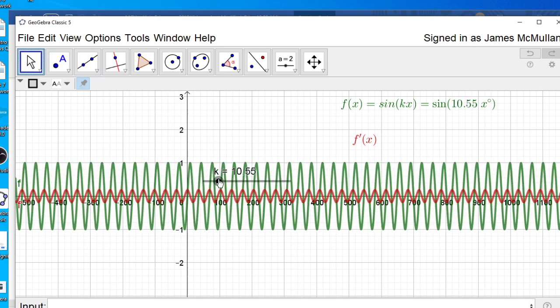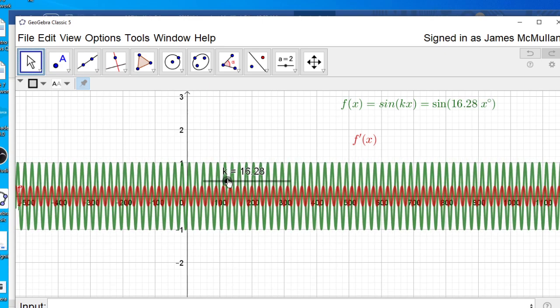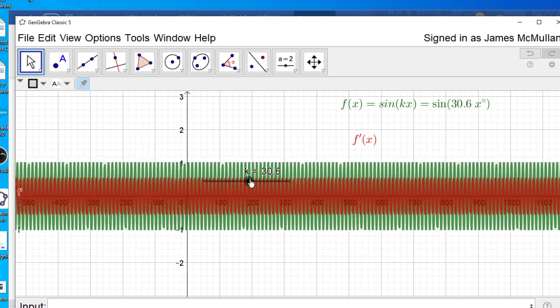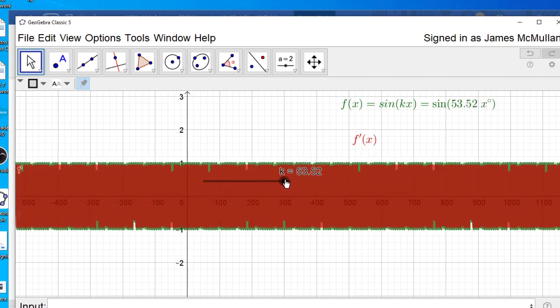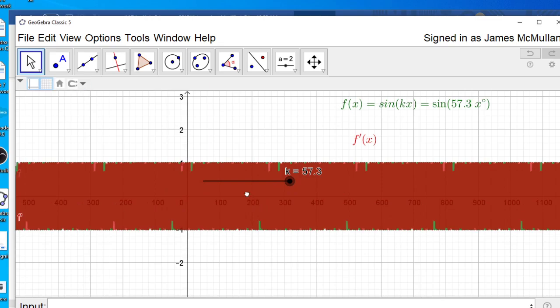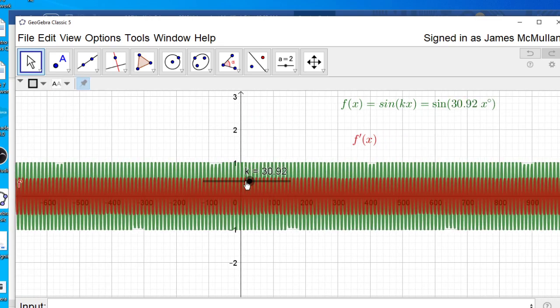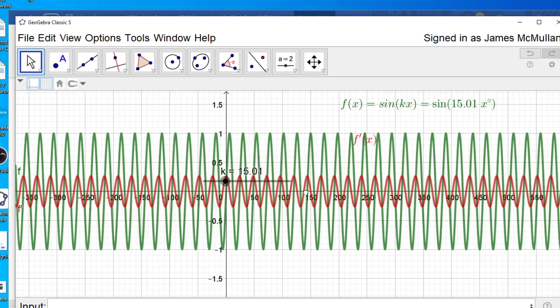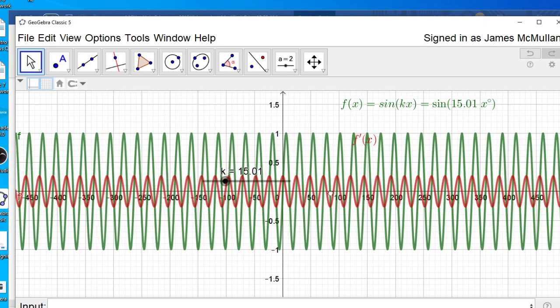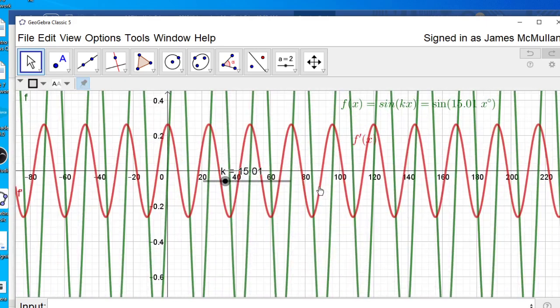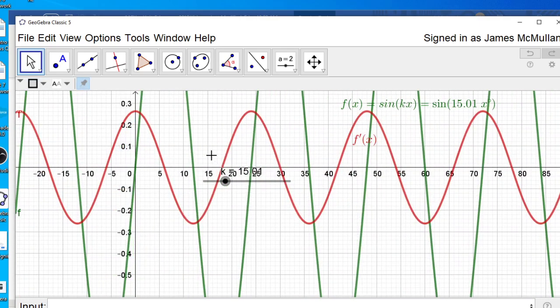The waves start to get closer together. And if you change the period enough, I say that and then I've zoomed out too far to actually fix it. Okay, so I'm going to continue to change the period.